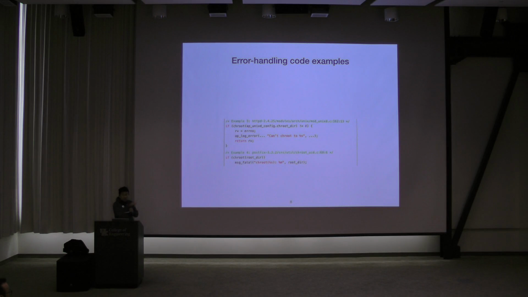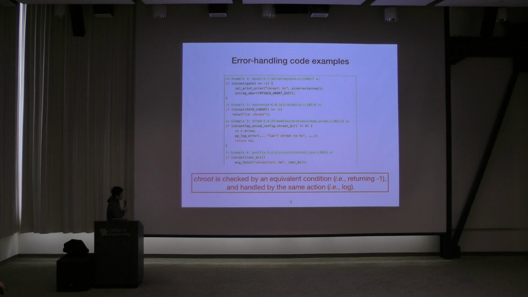Since chroot can only return two values, -1 or 0, doesn't return 0 is basically the same as returns -1. So we can find a pattern: chroot is checked by an equivalent condition, which in our example is returning -1, and handled by the same action, which is logging in our example.